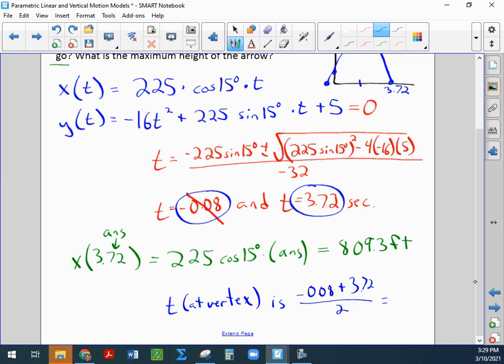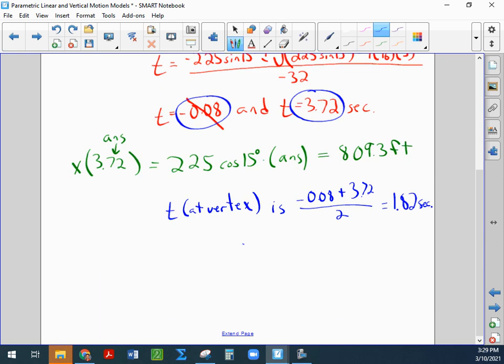So I'm going to use the exact values again. That's 1.82 seconds. So then I can find, well, what is y of 1.82?